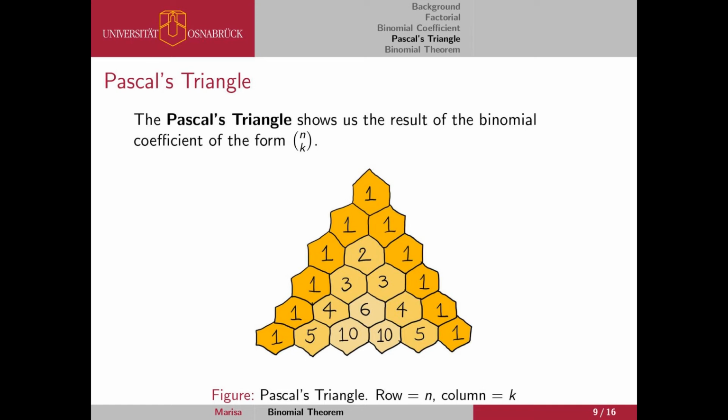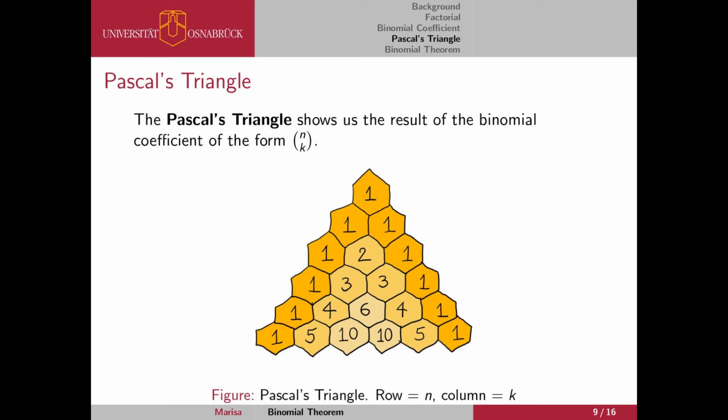N over 1 is always n, as well as n over n minus 1 is also always n. This means that for each row, let us say for example row 6, so the one that has n equals 5, the result for 5 over 1 will be 5, as well as for 5 over 5 minus 1, which is 5 over 4, it will also be 5.